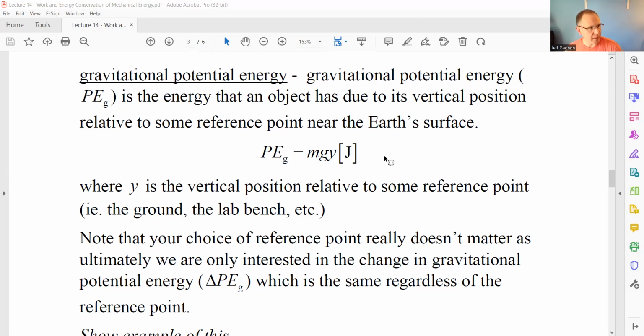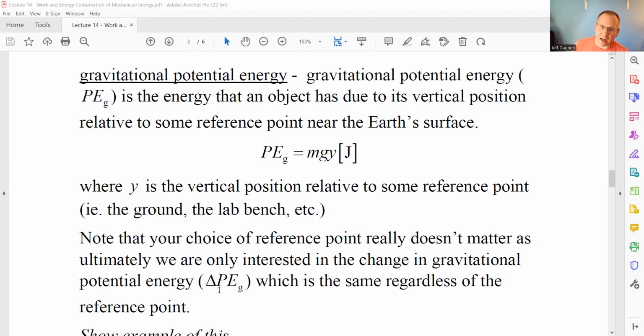It can be whatever you want it to be. It could be the ground, it could be your lab bench, it could be the ceiling. It doesn't matter what you choose as your reference point, because ultimately we're only going to be interested in the change in potential energy. So the change in gravitational potential energy is the same regardless of the reference point.